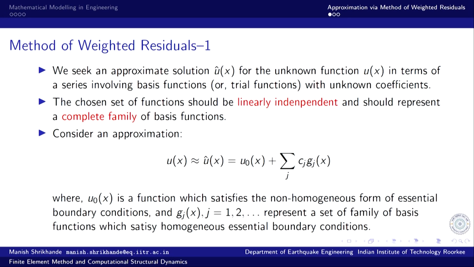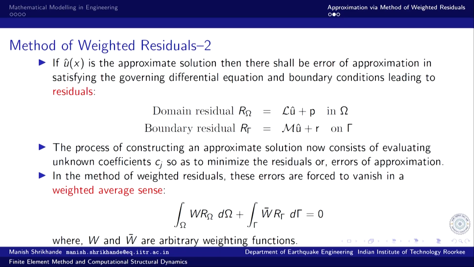Now, these coefficients are to be evaluated by somehow minimizing this error of approximation, because the ultimate idea is to construct an approximation which is as good as possible, and what is as good as possible? The error should be as small as possible. Now, it is easier said than done.